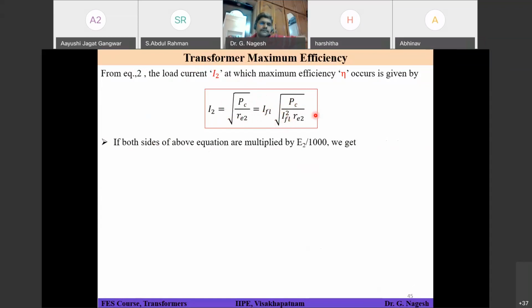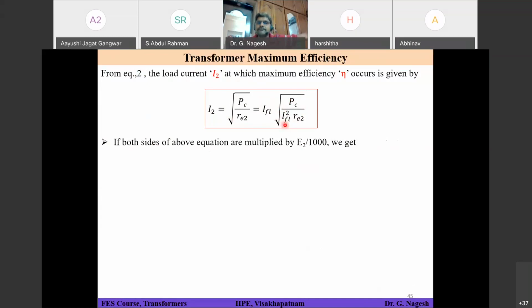That means the current which corresponds to maximum efficiency of the transformer is some fraction of your full load current. That fraction is root of PC divided by full load copper losses.